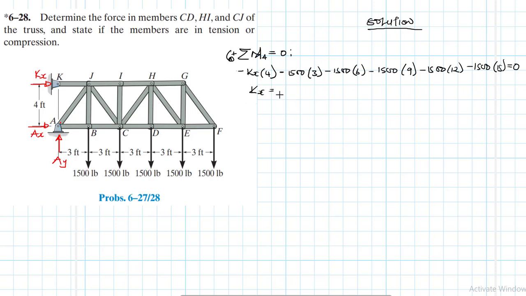And then we have 16,875 pounds. All right. Yeah, I think I've not made any error. So I have 1,500, if I was to factor it, is 3 plus 6 plus 9 plus 12 plus 15.